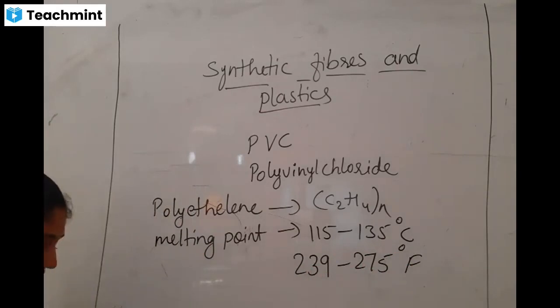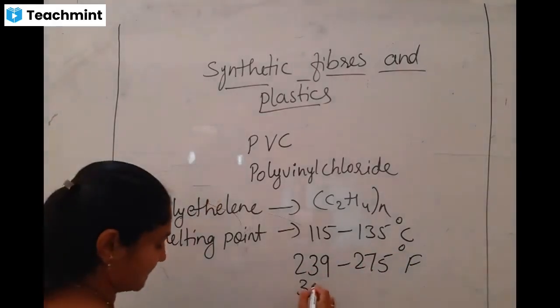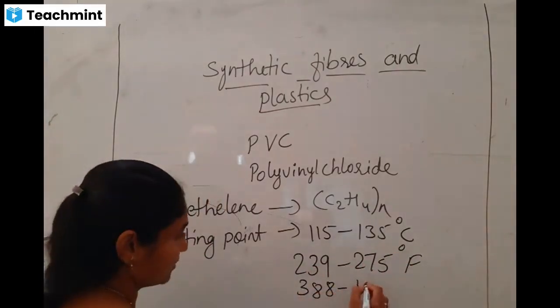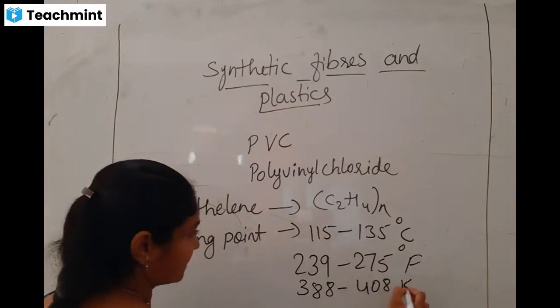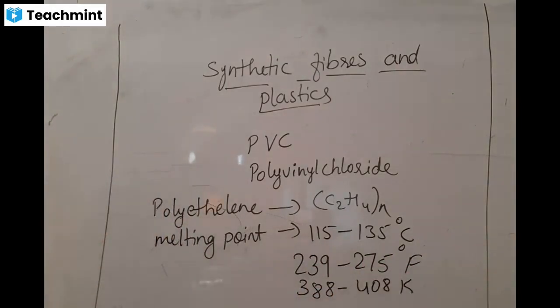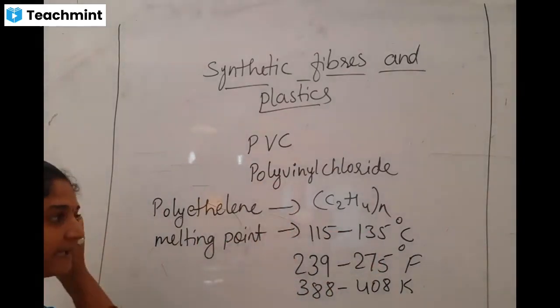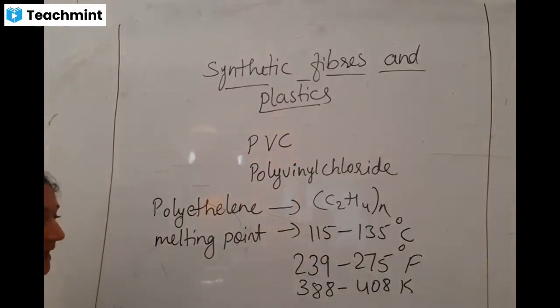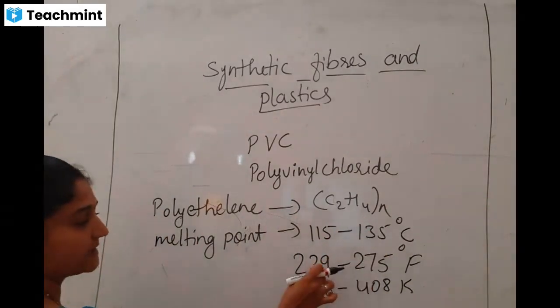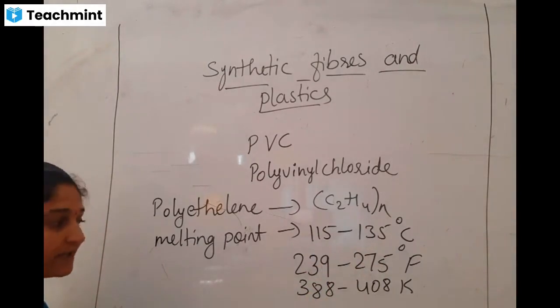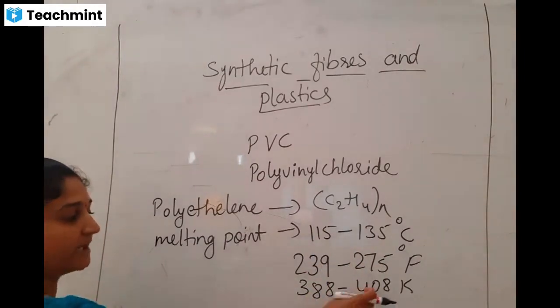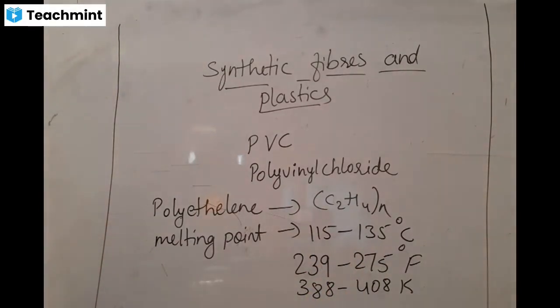And in terms of Kelvin, it is 388 to 408 Kelvin. The range is given in different scales. Here, the melting point of polythene is 115 to 135 degrees Celsius, 239 to 275 in Fahrenheit, and 388 to 408 in Kelvin.